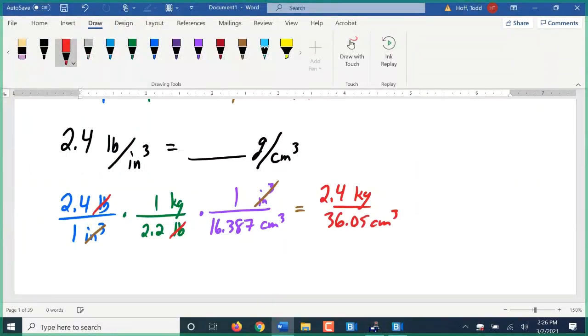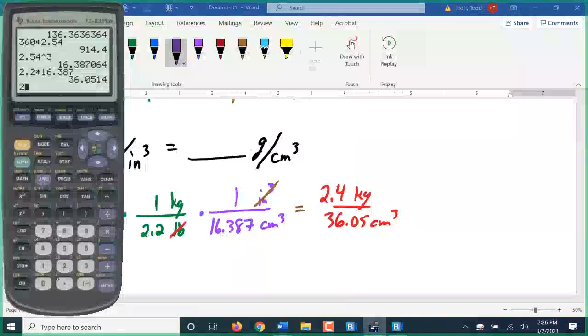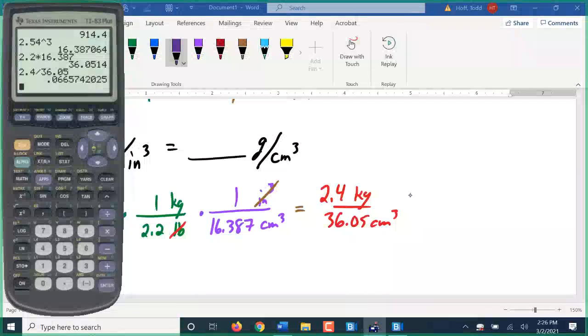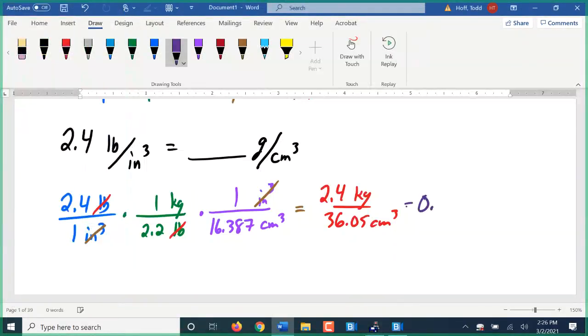I'm rounding just to a couple decimal places there. And now we have to divide that out. 2.4 divided by 36.05 gives us 0.0666 kilograms per centimeter cubed. Now, I still have to make it into grams per centimeter cubed.